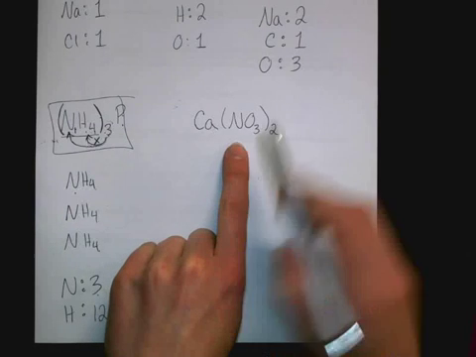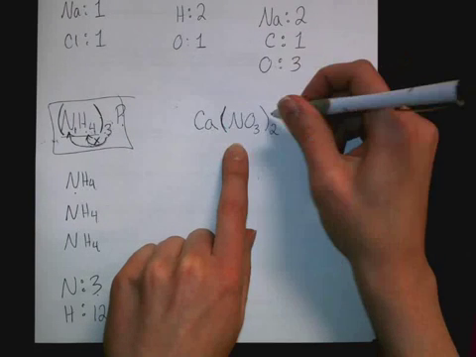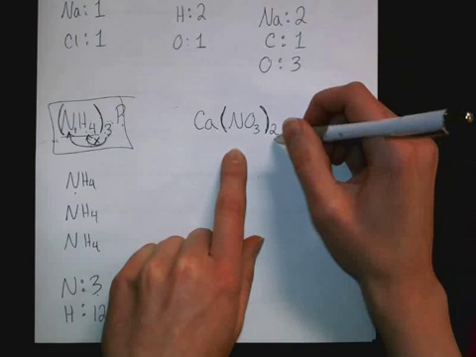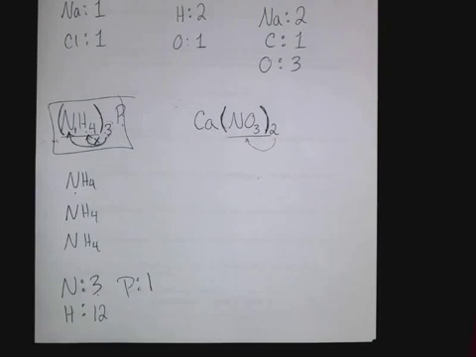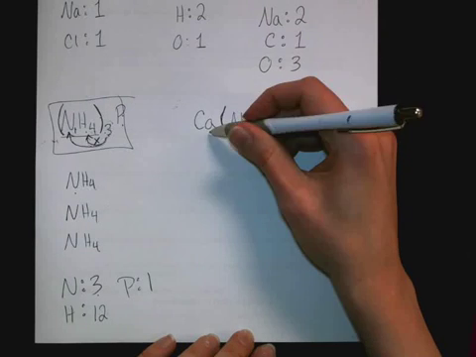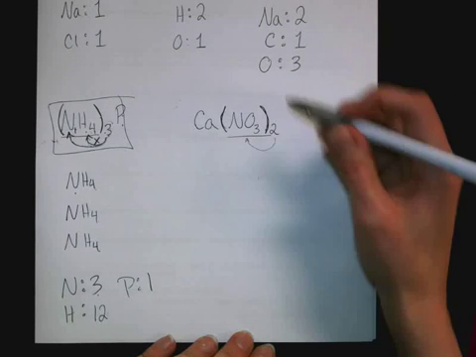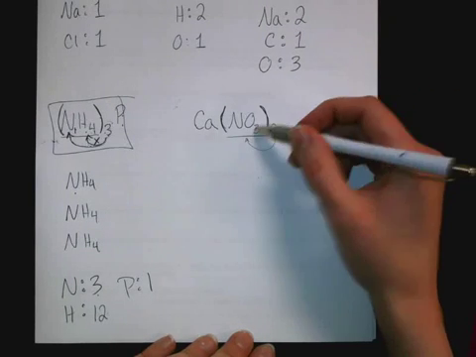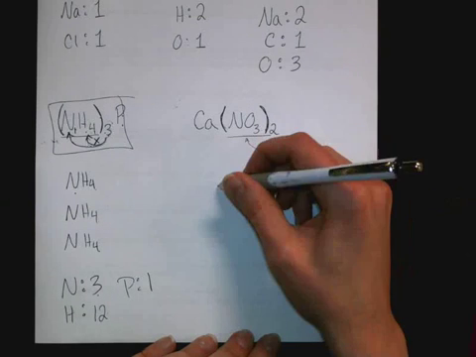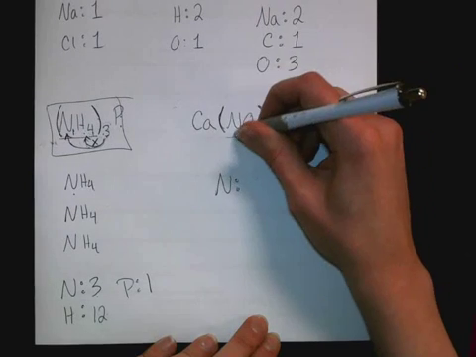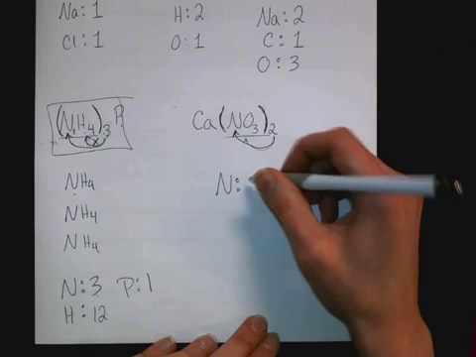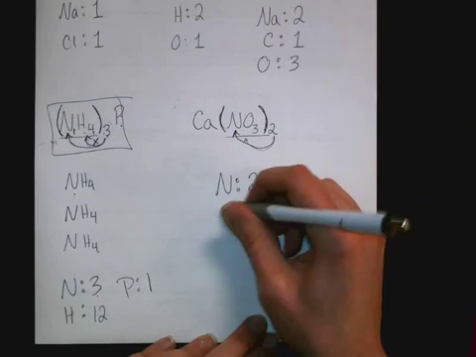In this case here, same idea with our parentheses. The 2 on the outside of the parentheses carries into everything inside the parentheses. It does not carry all the way to my calcium. It just carries into my nitrogen and into my oxygen. So if I wanted nitrogen, the 2 times the 1 nitrogen, well, gives me 2.